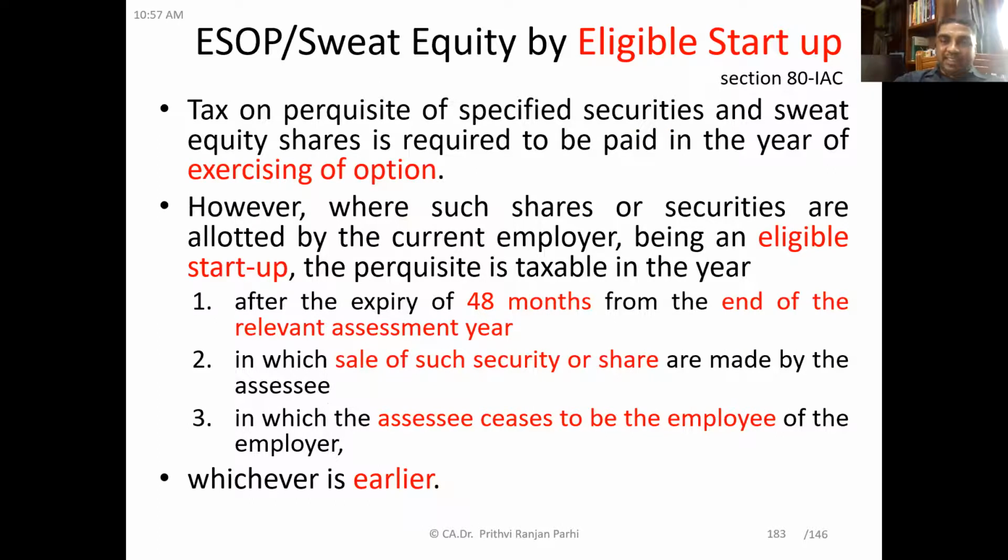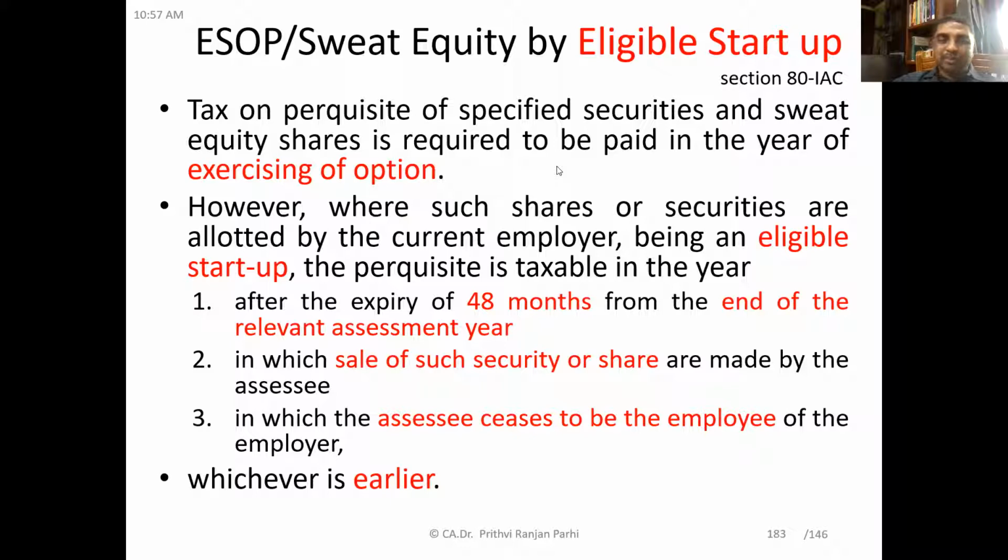Okay. Now, there is a special treatment for this kind of perks like ESOPs and sweat equity shares which are issued by eligible startups. If it's a startup company and it has eligible status, that means the Income Tax Act has recognized that startup company, then the treatment will be slightly different. Tax on perquisites of sweat equity shares or specified securities is required to be paid in the year of exercising the option.